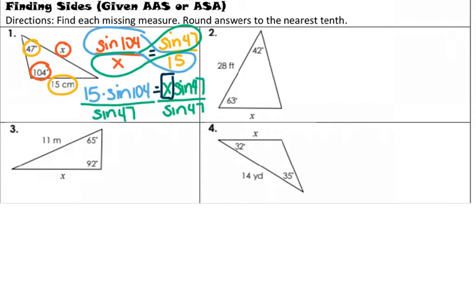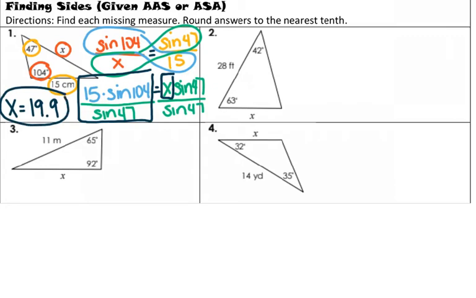So what I'm going to type in my calculator is 15 times the sine of 104, hit enter, and divide by the sine of 47 and hit enter. When you do that, you should get 19.9. That is your answer. That's how you use the law of sines. You cross multiply, like from middle school, then you solve a regular algebra equation, and you type it in your calculator.